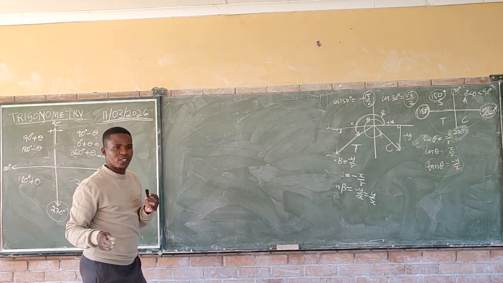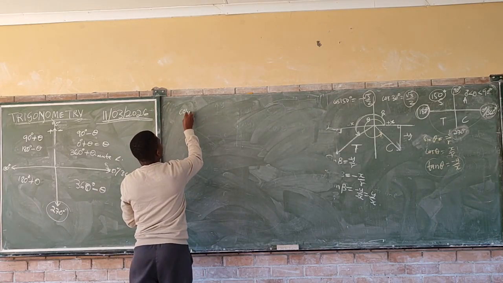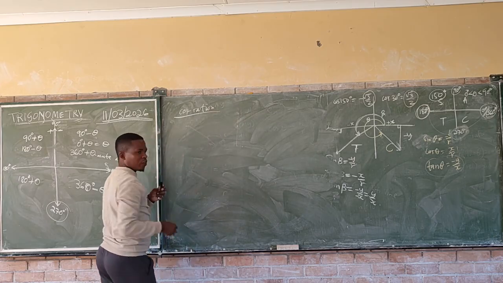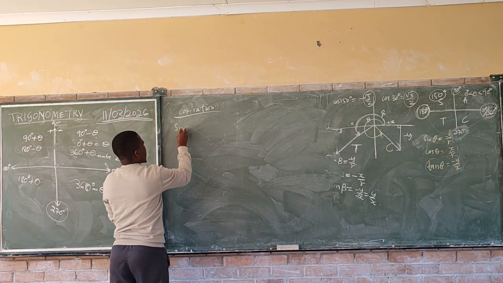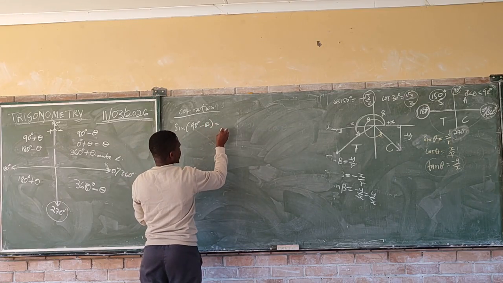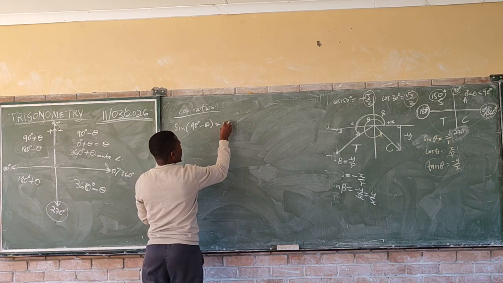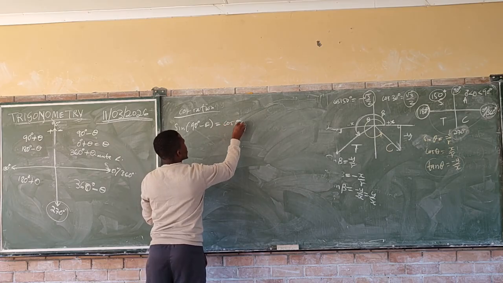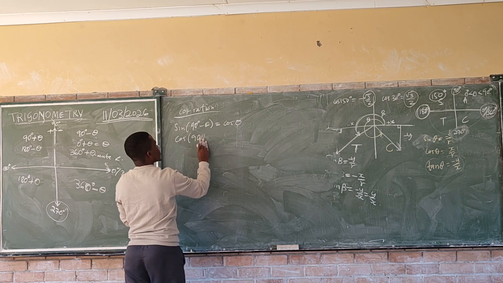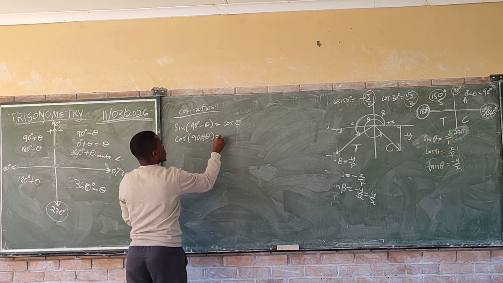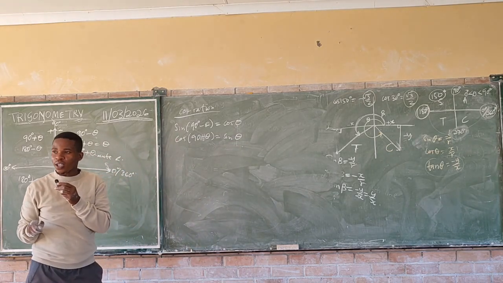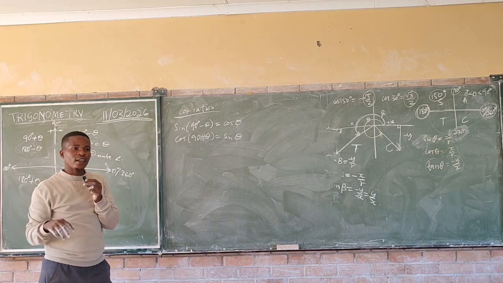All right, let's finish the correlation. Let's get the first two again. Sine of 90 degrees minus theta will be how much? It will be cos theta. Cos of 90 degrees minus theta equals sine theta, because the ratio changes.